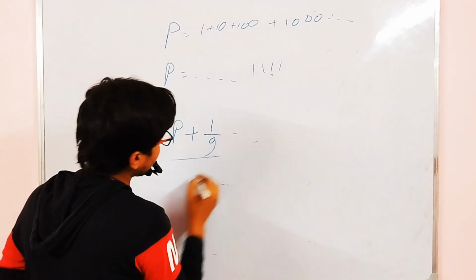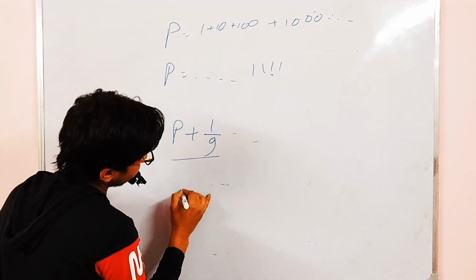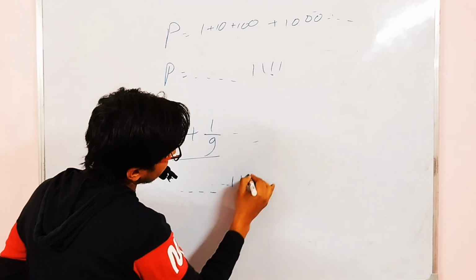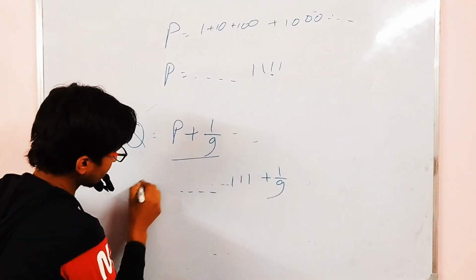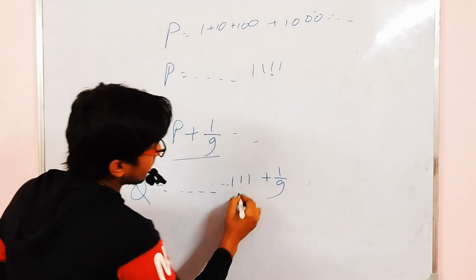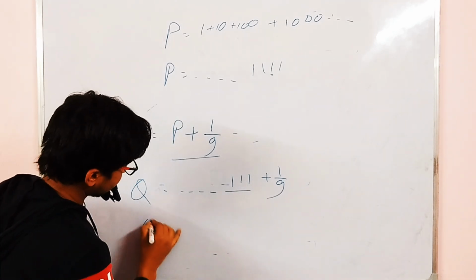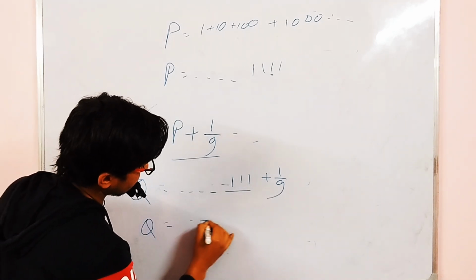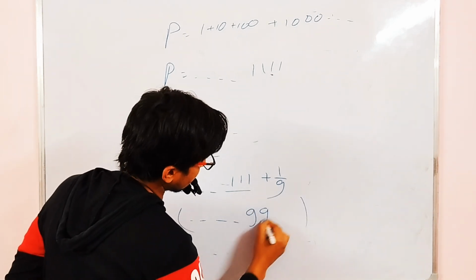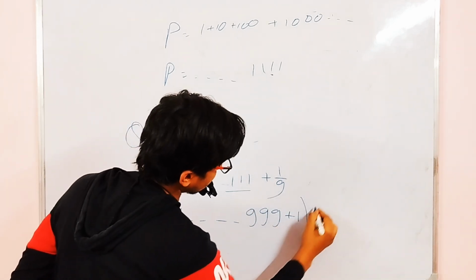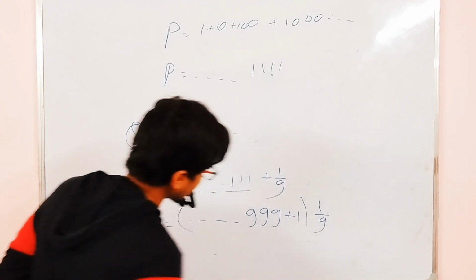This P is ...1, 1, 1 plus 1 upon 9. This is Q. Now I am taking common, and this number is like 9, 9, 9 plus 1 upon 9.